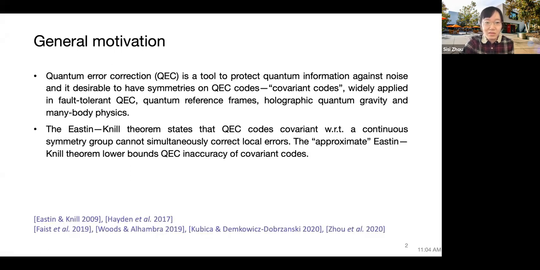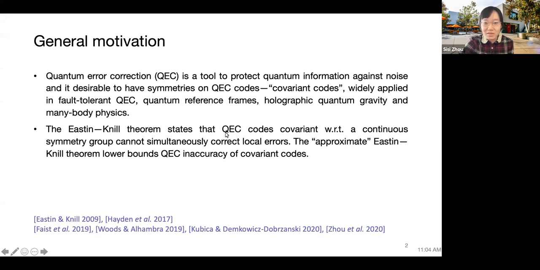But the famous Eastin-Knill theorem basically states that a quantum error correcting code cannot be exactly covariant with respect to a continuous symmetry group if we require that it can correct just local errors.